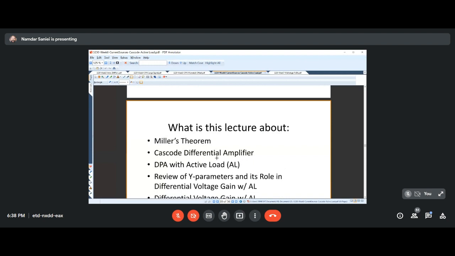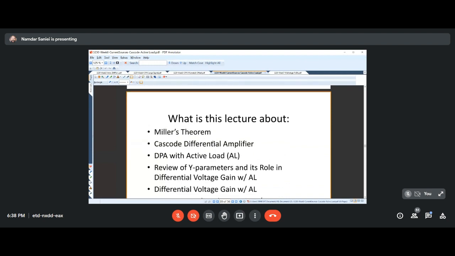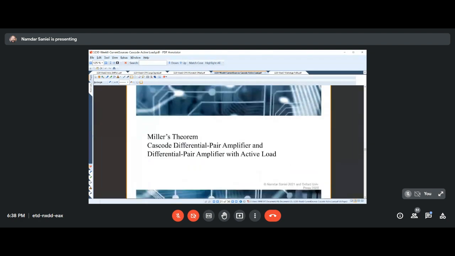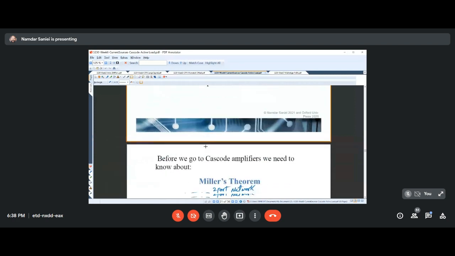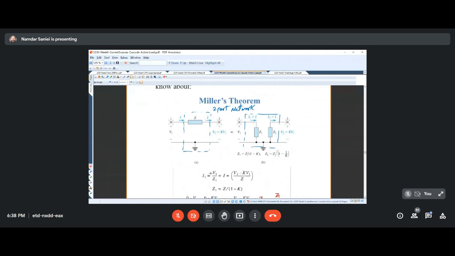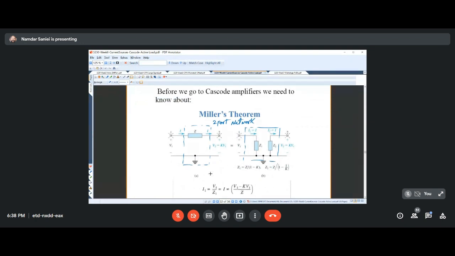Then we came to talk about other types of differential pair amplifiers. And before we do that, we had to cover Miller's theorem. Miller's theorem would justify the need for the cascode amplifiers, and it would simply say that we can convert a two-port network like this, where from the input to the output we have an impedance, to a two-port network that has an impedance on the input side and an impedance on the output side.